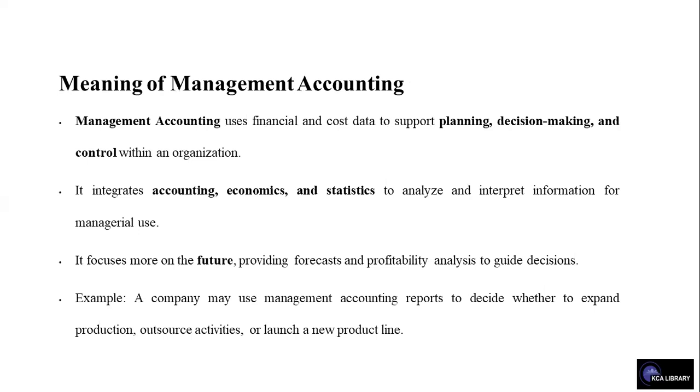On the other hand, what is management accounting? It uses financial and cost data to support planning, decision making, and controlling within an organization, as it integrates accounting, economics, and statistics into analyzing and interpreting information for managerial use.